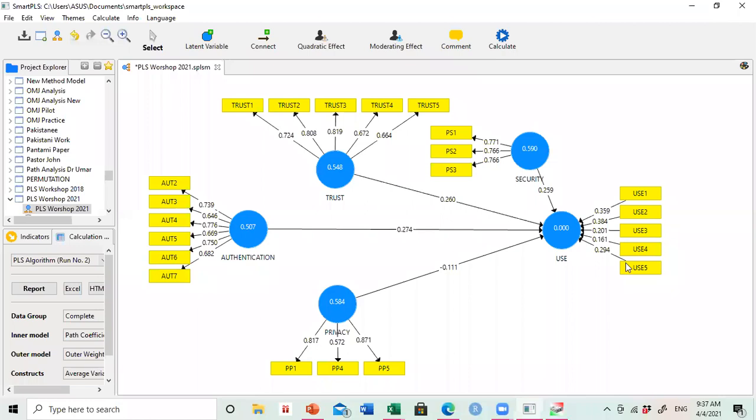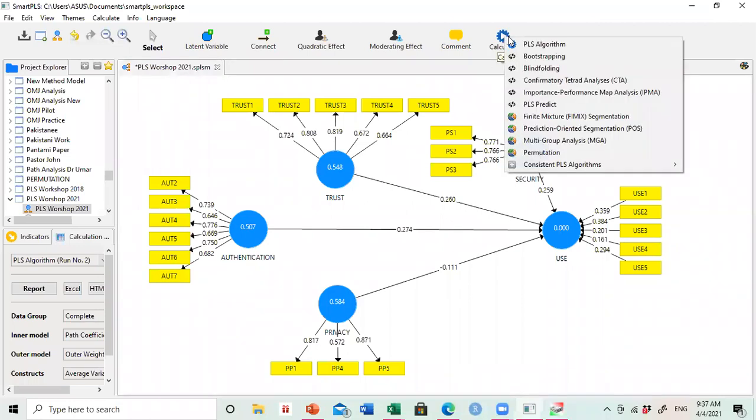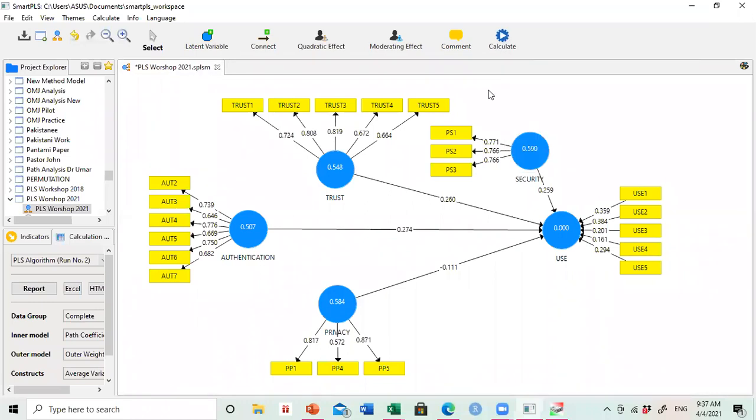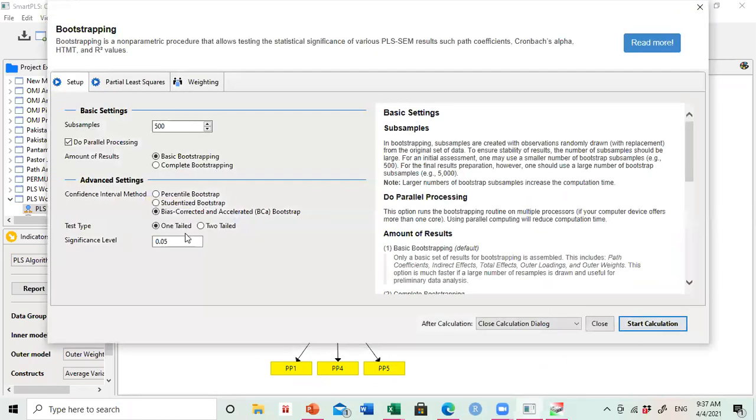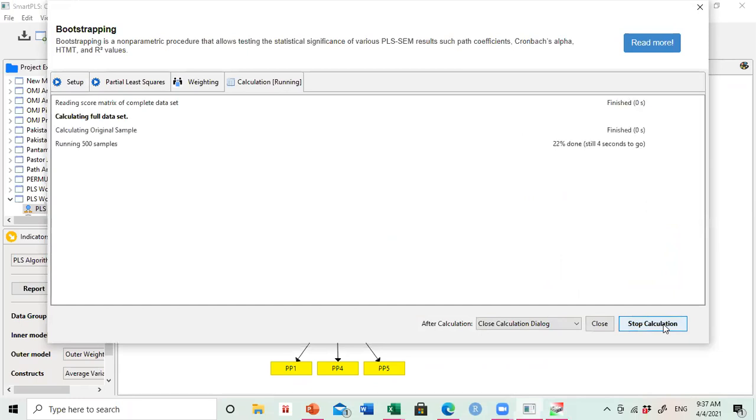We will show you this again, but to run the test for significance, we calculate bootstrapping and just start calculation.